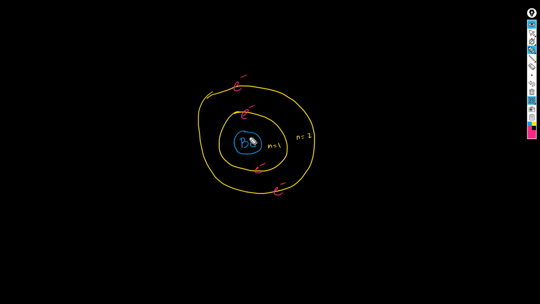Well, what you have to realize is that beryllium has 4 protons. So in the center, we have 4 protons for beryllium. So the positive charge of beryllium is always going to be +4, whereas the negative charge for a neutral atom of beryllium is going to be -4, and that's why they are neutral.